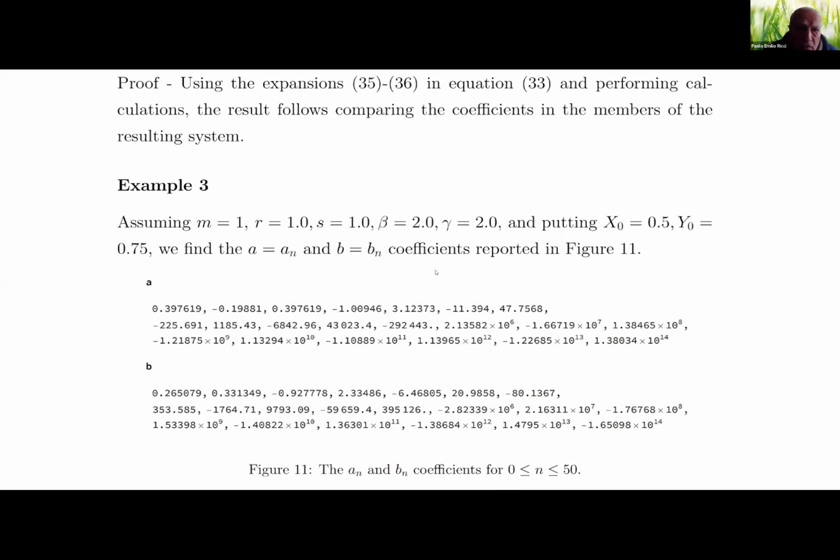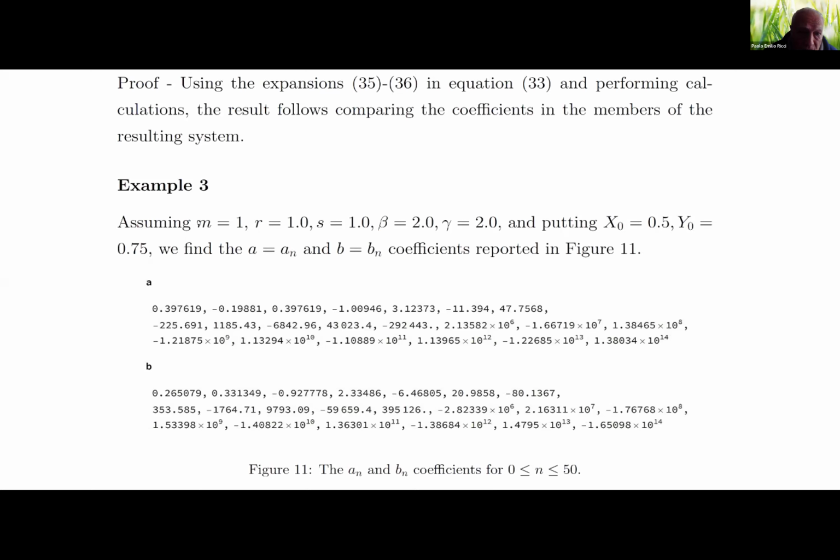And the proof is always the same. It's sufficient to use the expansion in which you search the solution, put it in the system of the two equations, and comparing the coefficients of the members of the resulting system, you find the recursion for the coefficients.